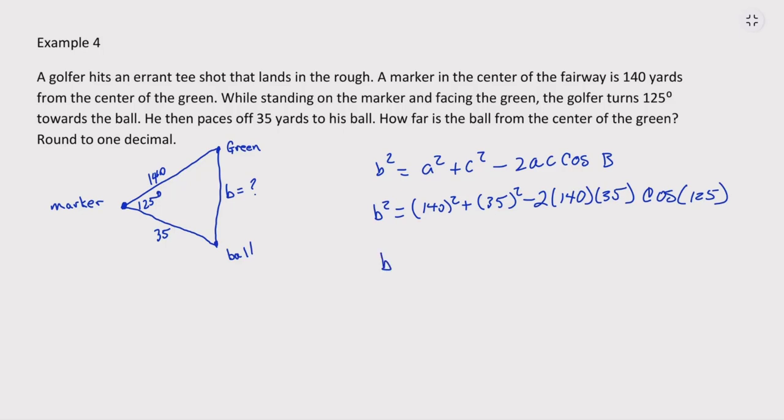So b squared is equal to 26,446.04908. So b is the square root of that, so that'd be 162.6 yards.